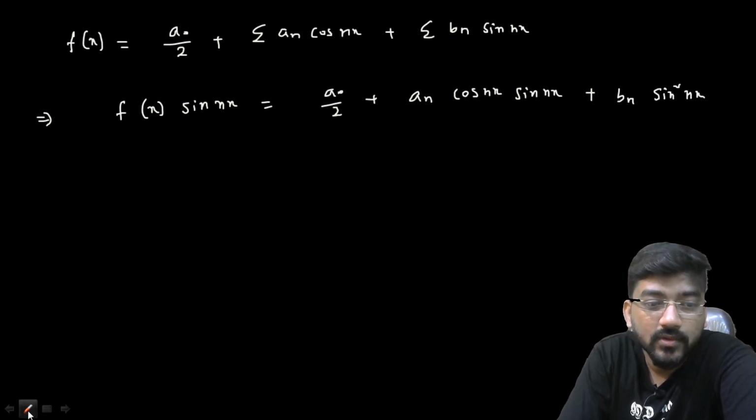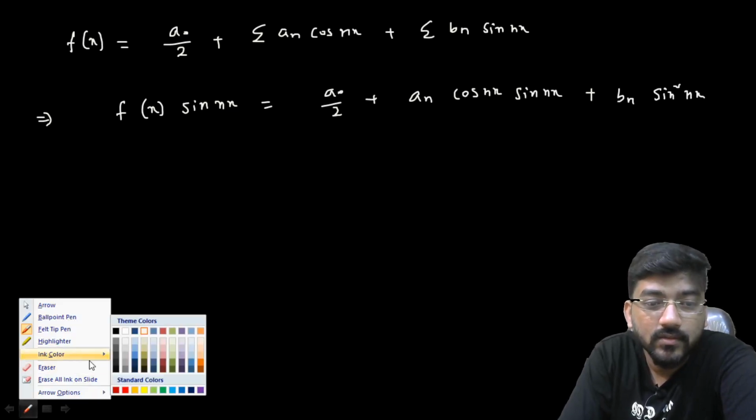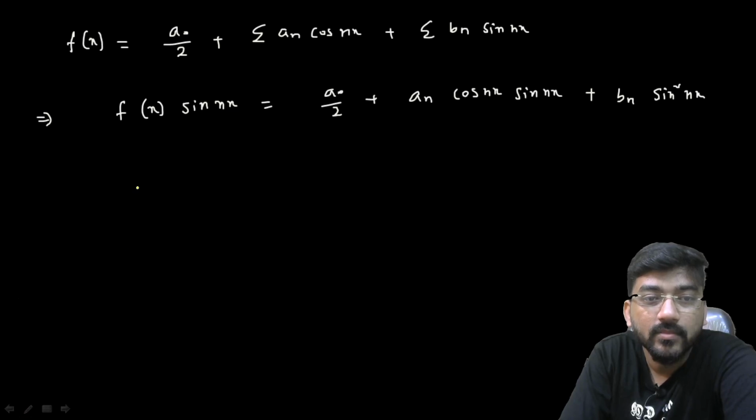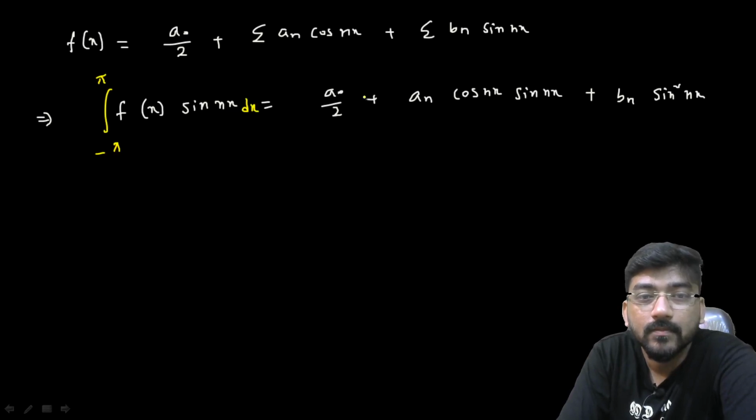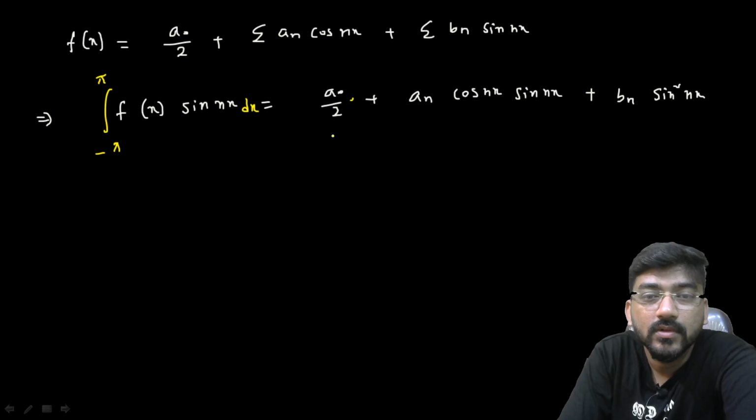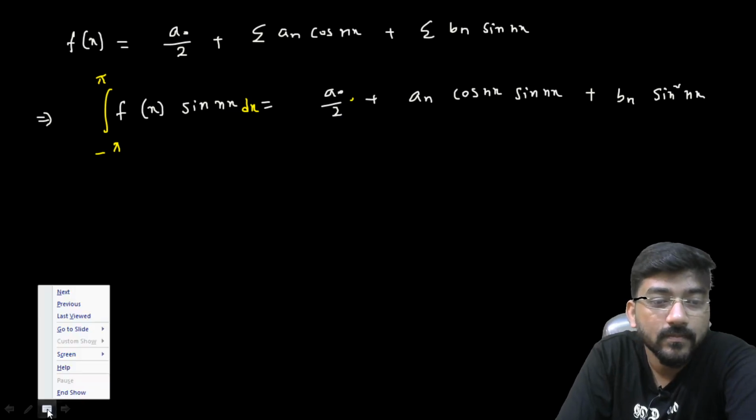Now we have to integrate within this limit, minus pi to plus pi dx. One is missed here: a0 by 2 into sin nx should be here.